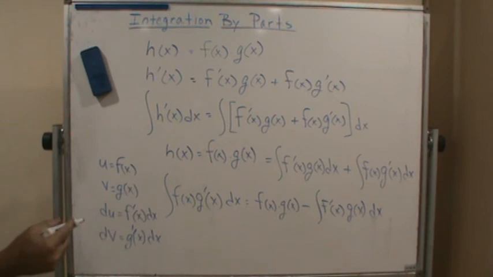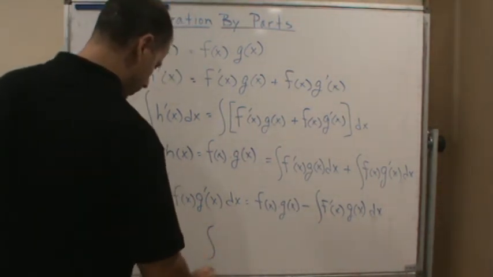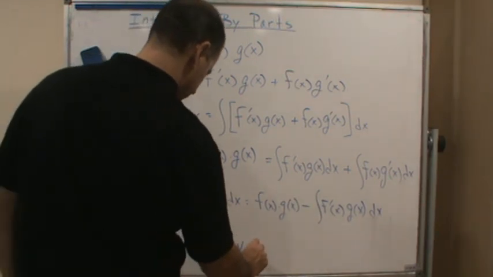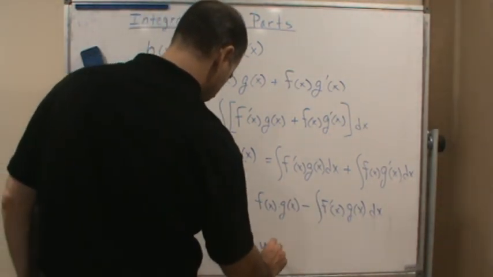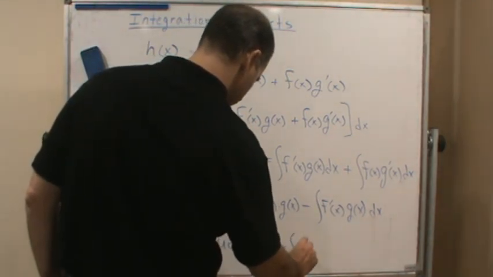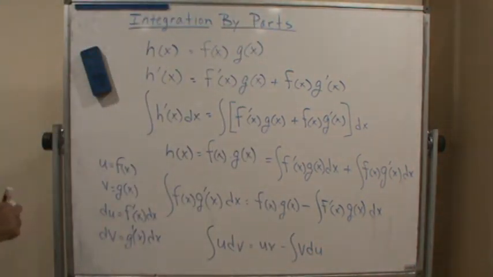And so now the compact form of this becomes the integral of u dv equals u times v minus the integral of v du. And that is integration by parts. That's the formula we will use for integration by parts.